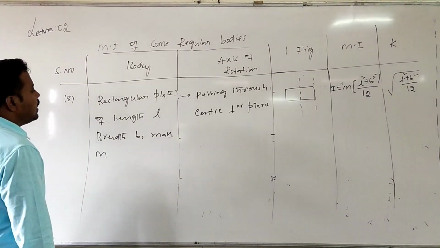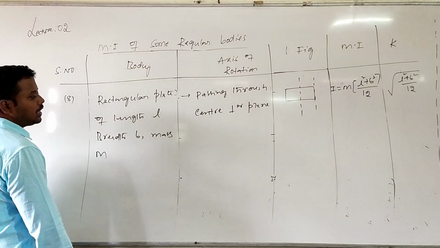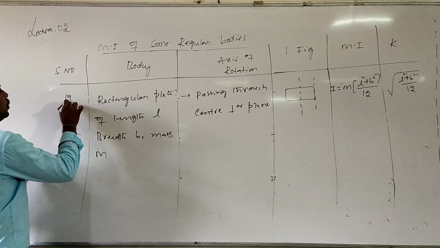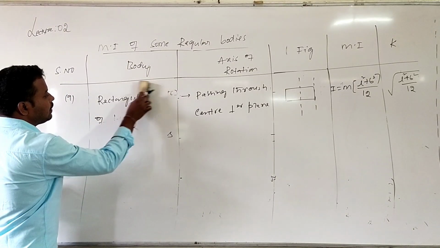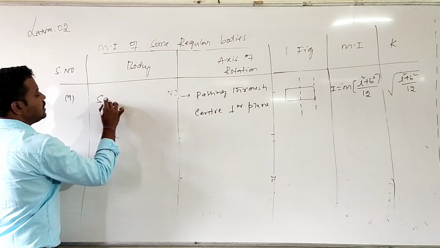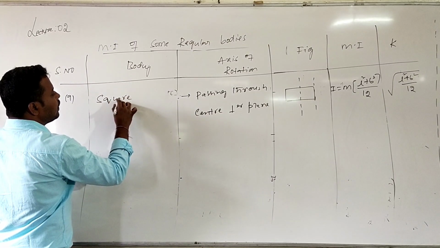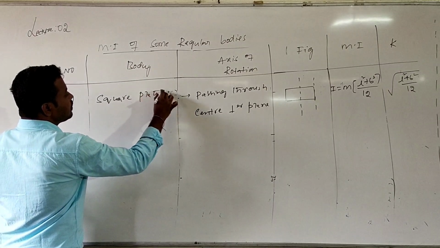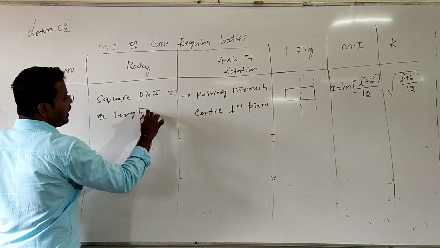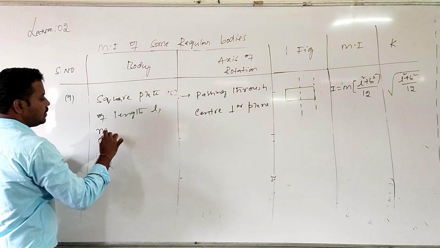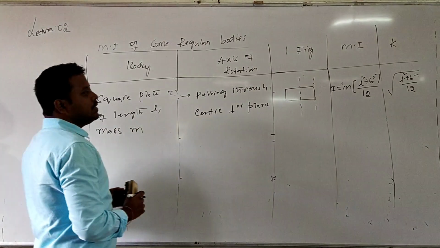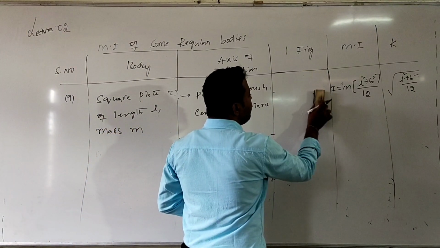This is for a rectangular plate of length L, breadth B, and mass M. So last module we will discuss is ninth one, a square plate, moment of inertia of a square plate of length L, mass M, about an axis passing through center perpendicular to plane.